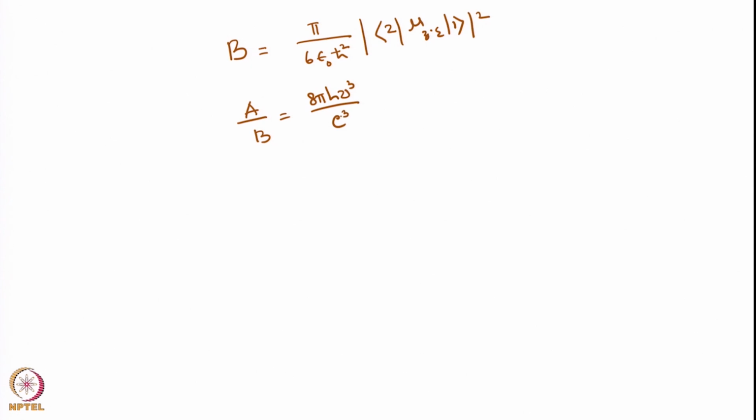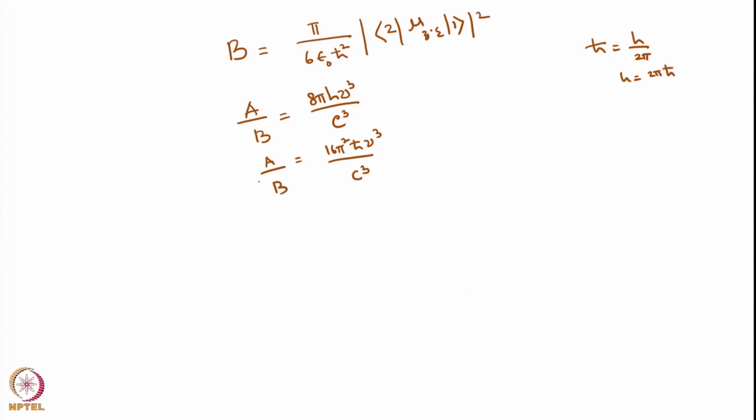Now, we know that h bar is equal to h by 2 pi, or h is equal to 2 pi h bar. So, if I write in terms of h bar, you will get 16 pi square h bar nu cube by c cube, that is A by B.